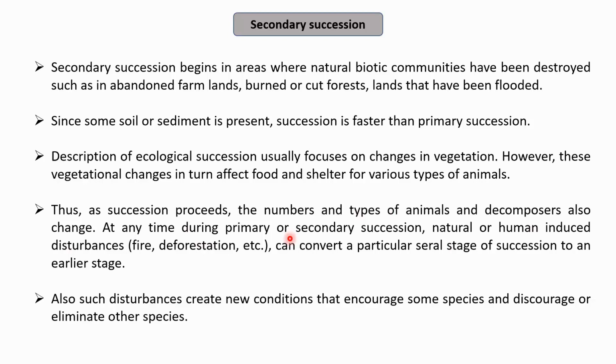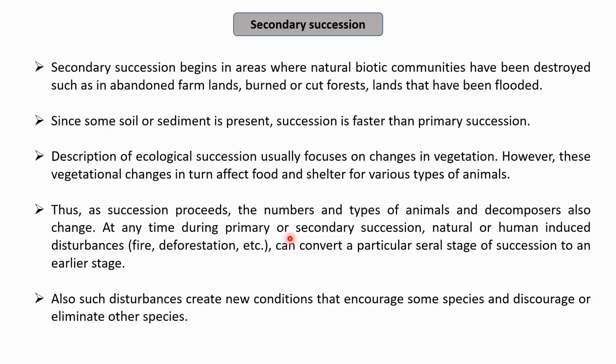So, suppose there is a disturbance during the process of succession, then it might be possible that the particular serial stage of succession gets converted to an earlier stage. There is a tendency for moving backward in the opposite direction.